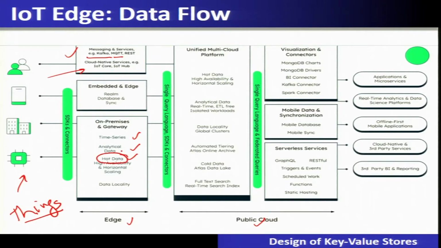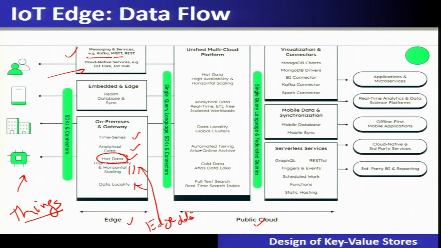For this hot data, there is a requirement that storage has to be horizontally scalable. So, this type of situation is handled by the edge data center, which provides an elastic data store at the edge and supports data locality.